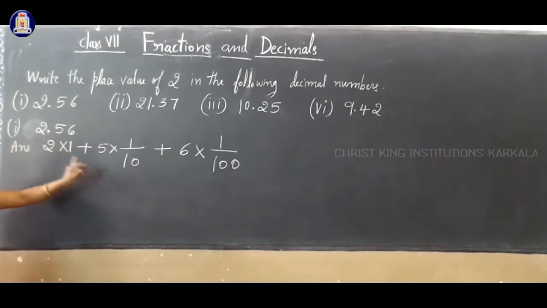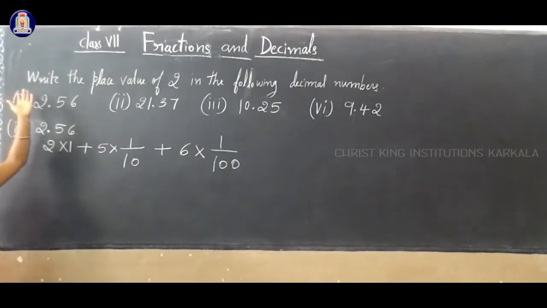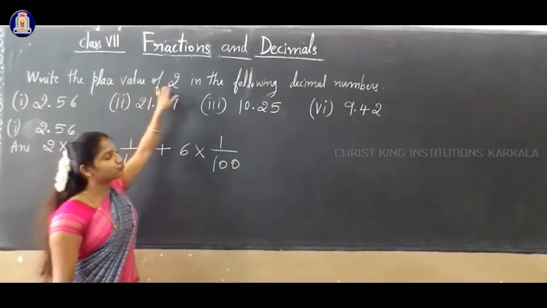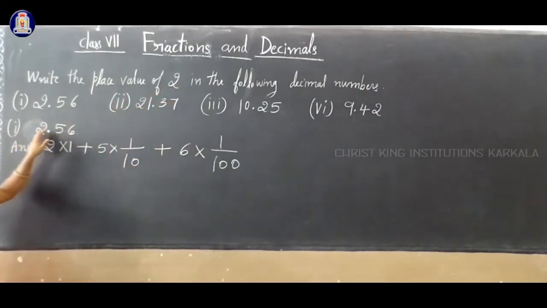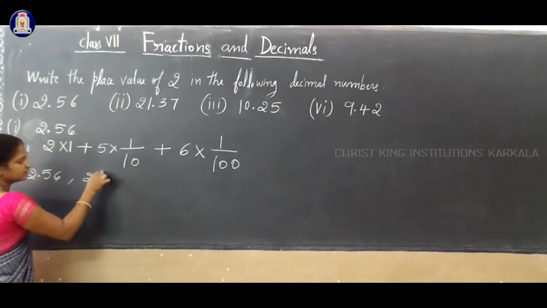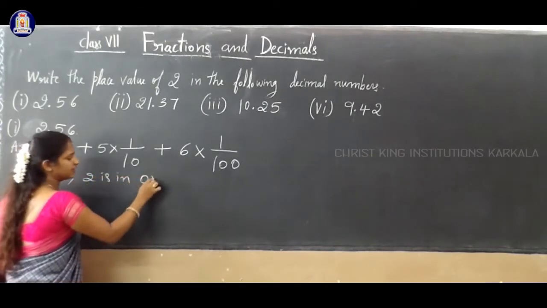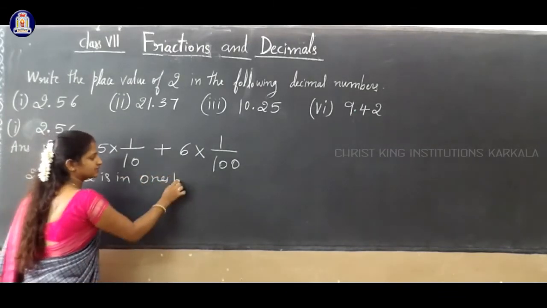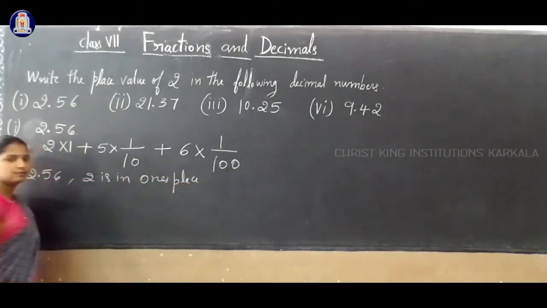Now the question is, write the place value of 2. In 2.56, 2 is in ones place. Clear?